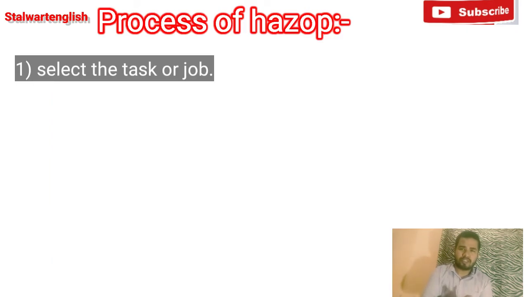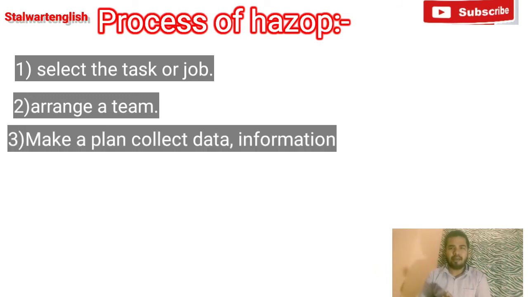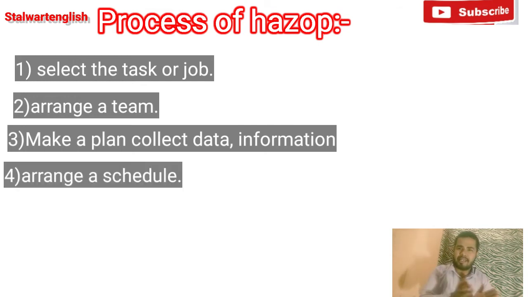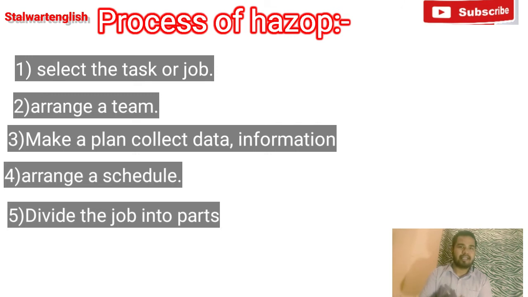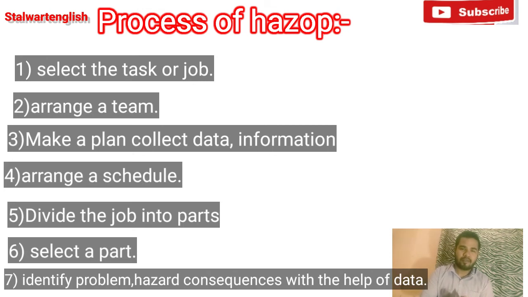Process of HAZOP. First, you have to select the task or job. Suppose you are taking a chilling plant, then you have to arrange a team that will work on it. Then make a plan, and collect data and information regarding the chilling plant. Arrange a schedule and date. Divide the job into parts. First take the pump, then select a part.